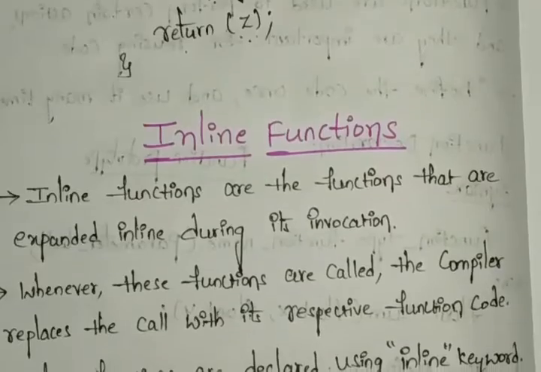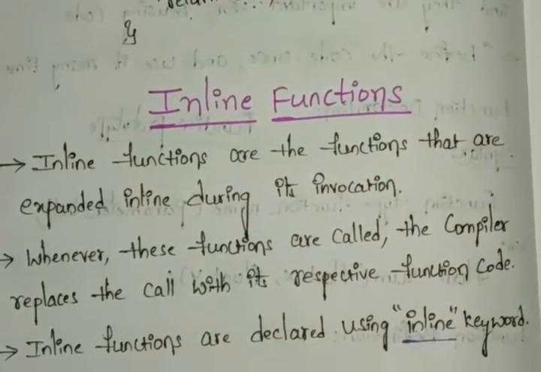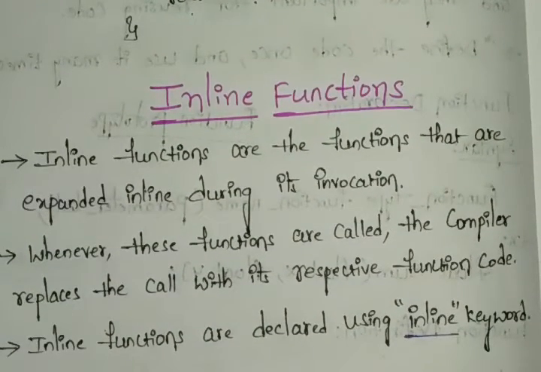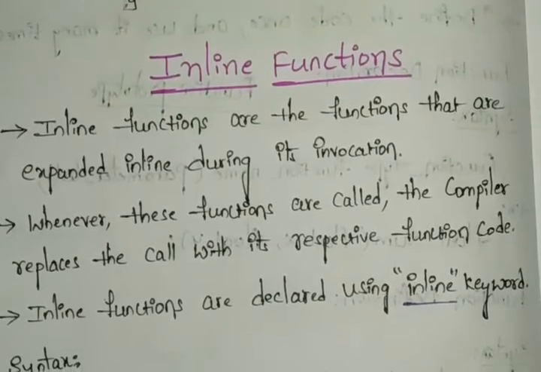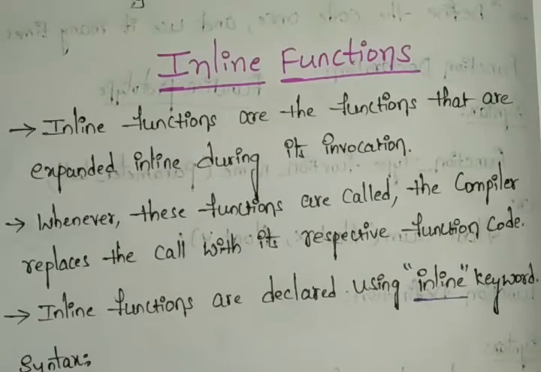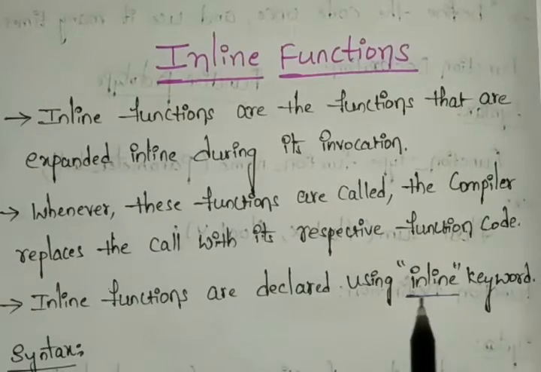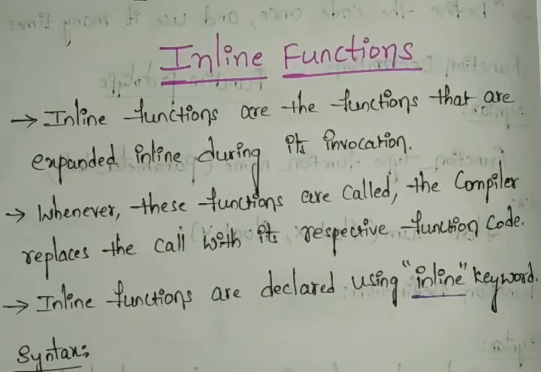These functions are called when the compiler replaces the call with its respective function code. So inline means inside of the function we are doing this, and these inline functions are declared with the inline keyword. If you are writing an inline function, it is declared with the inline keyword.